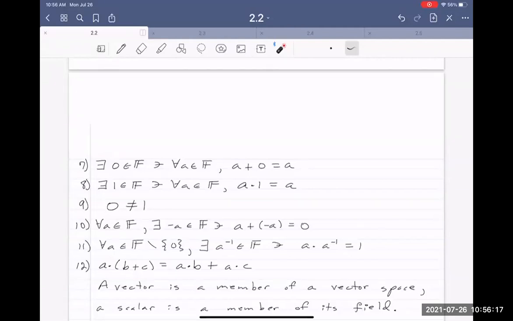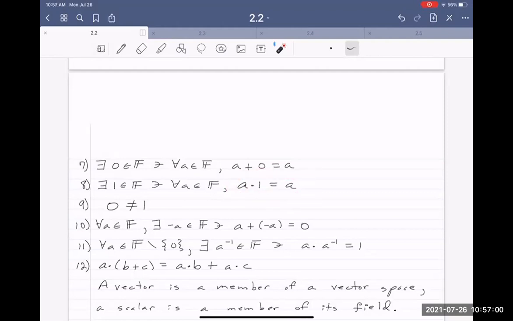There also exists a multiplicative identity, which we'll denote by 1, such that for every number A, A times the multiplicative identity gives back the original number A. This is a right multiplicative identity, but by commutativity for multiplication, 1 times A is also equal to A, so it's also a left multiplicative identity.